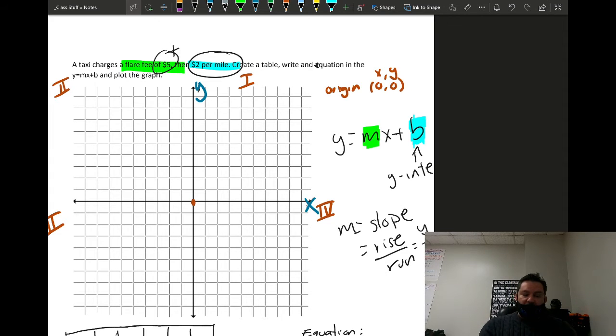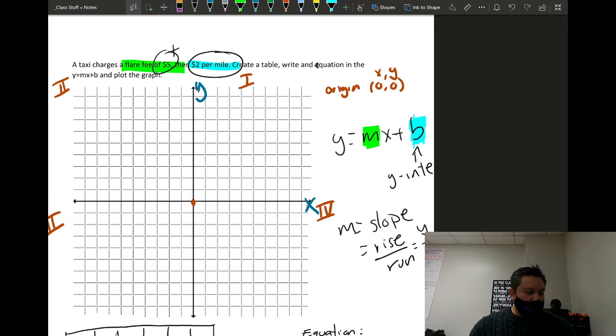If we drive 3 miles, $2 per mile, and the fee, how much are you going to pay the taxi driver? Well, easy, $2 per mile, 3 miles, that's going to be $6. And you also have to pay the fee, which is $5. 5 plus 6 is 11. That's how much you're going to pay at the end. Remember, the fee you only pay one time, so forth, so on.